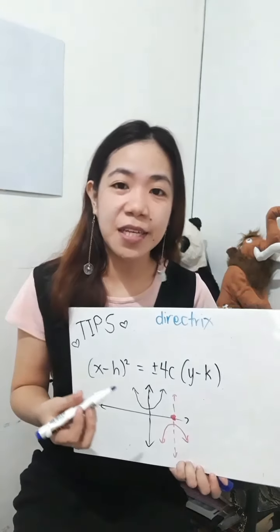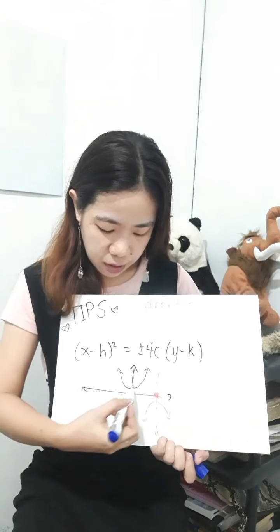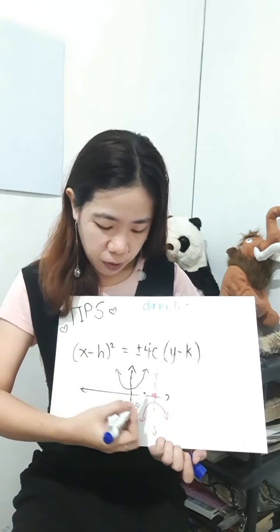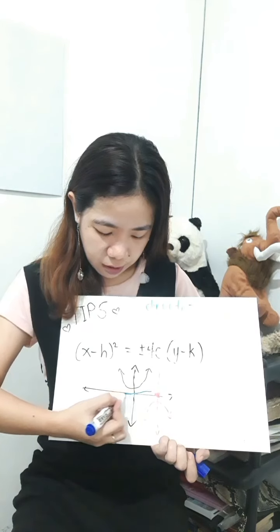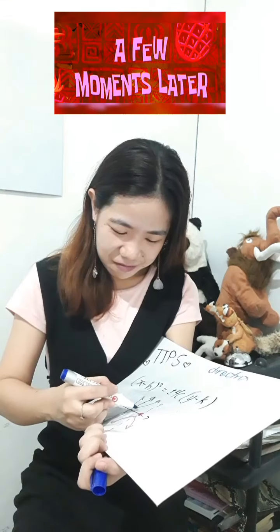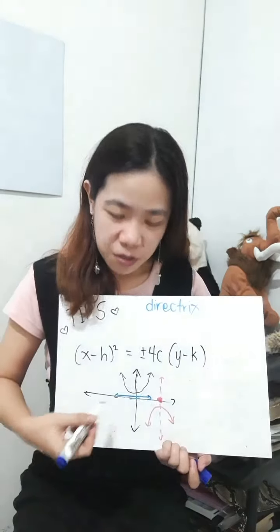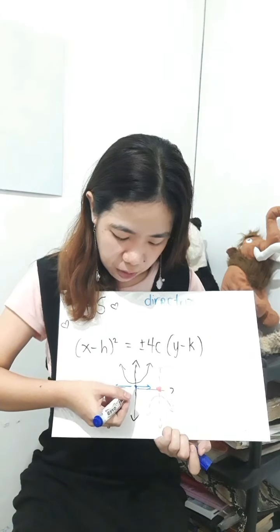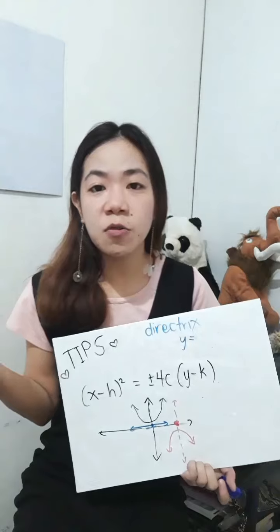Okay, let's now talk about the directrix line that is outside the curve. So let's try to look at this figure first. If it opens upward, then the directrix may be located here. Sorry. Outside the curve. Okay, my hands are trembling. Outside the curve. So that would mean it intersects the y-axis. So we name this as y equals what? A while ago we used h, this time we'll use k, but not just k.